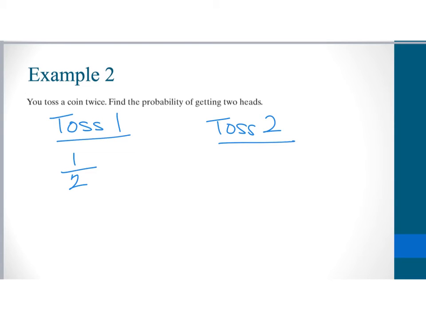For toss number 2, there's also only 1 heads out of 2 possible choices. If I multiply these two together, I end up with 1 times 1 on the top, which is 1, and 2 times 2 on the bottom is 4. So I'm going to end up with a 1 out of 4 chance of getting both tosses to be heads.